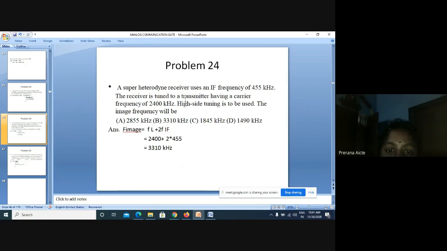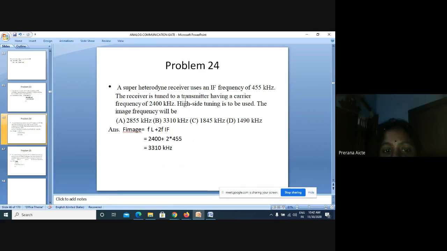Now you all know this well: the image frequency equals FL plus 2 times IF. From the question, they have given the carrier frequency, 2400 kilohertz, and the intermediate frequency, 455 kilohertz.